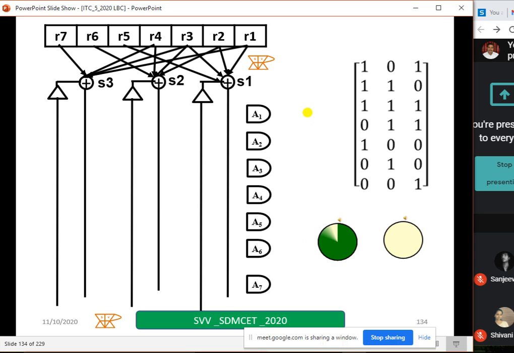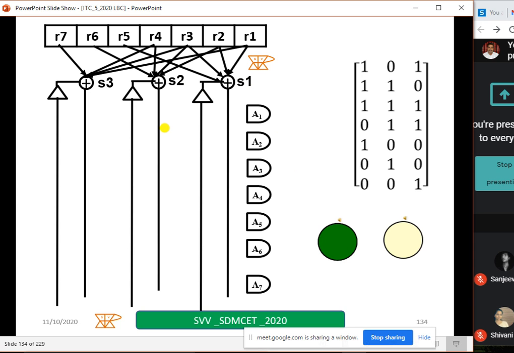So next step, if you have completed this much, hope all of you have completed A1 to A7. Next we have to do the connection to A1, A2, A3, A4, A5, A6, A7. How do I do the connection?